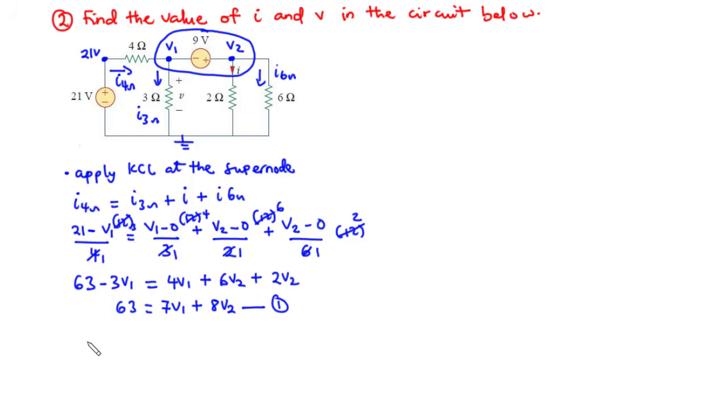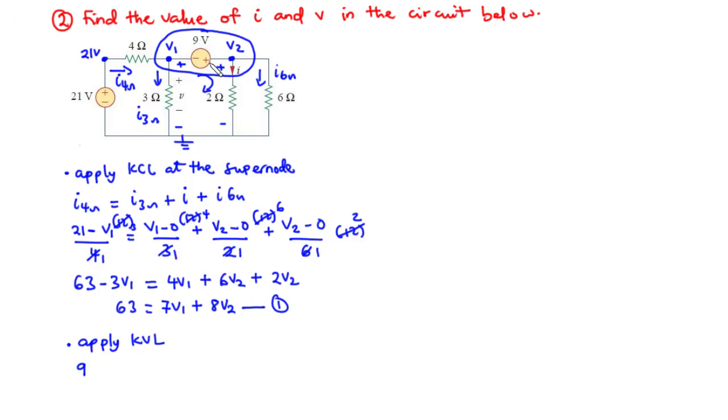Now the next thing we are going to do is to apply KVL to this loop. So this time we are going to move also in the clockwise direction. So we have 9 volts. KVL says the sum of voltages around the loop should be equal to 0. So we have 9 volts moving in the clockwise direction.